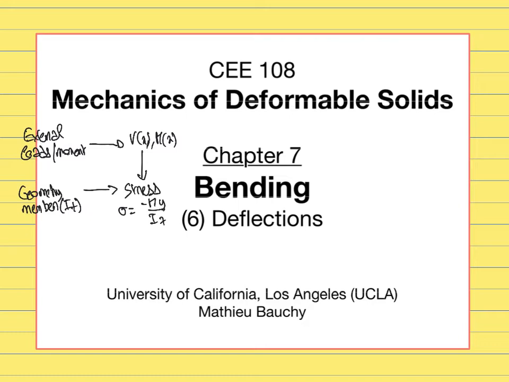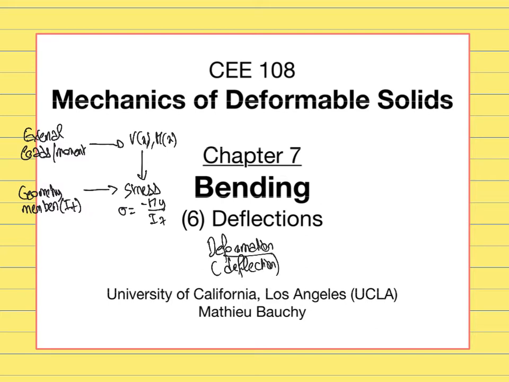So what we are going to see in this video now is how to calculate the actual deformation. The deformation of a beam is going to be dictated by its deflection. The deformation in the case of a bending problem is the lateral deflection of the beam.